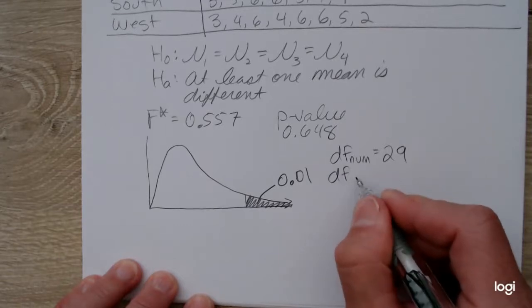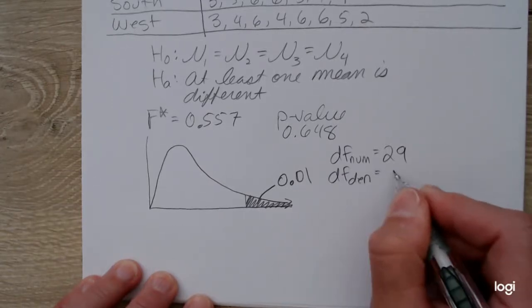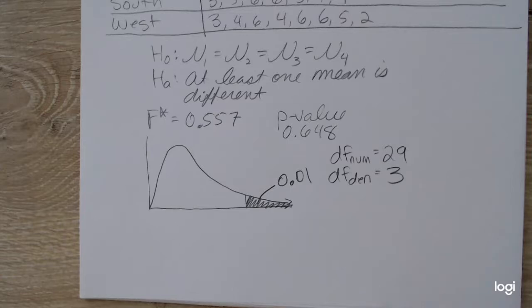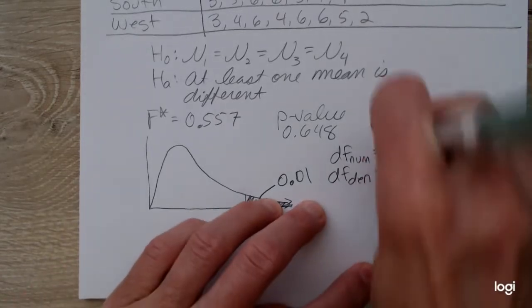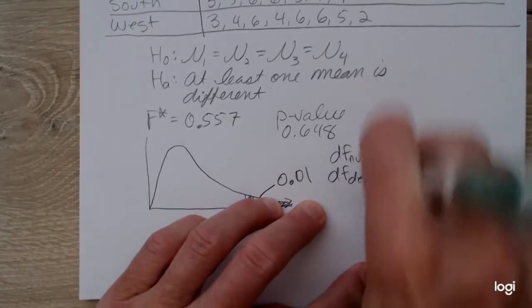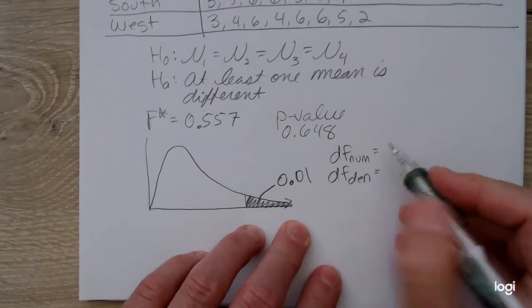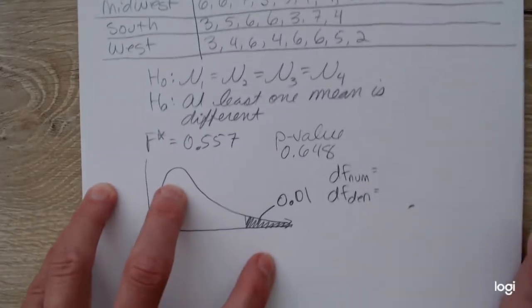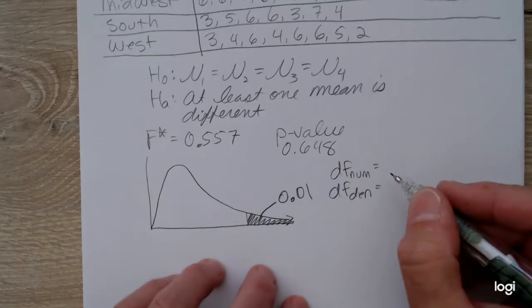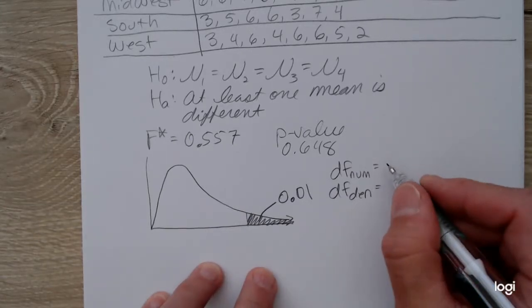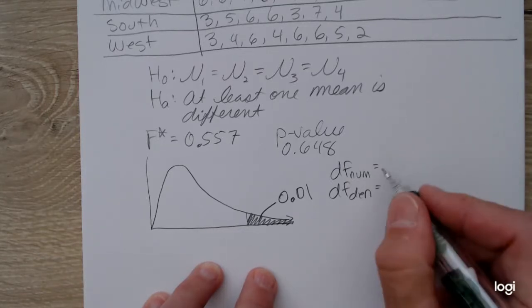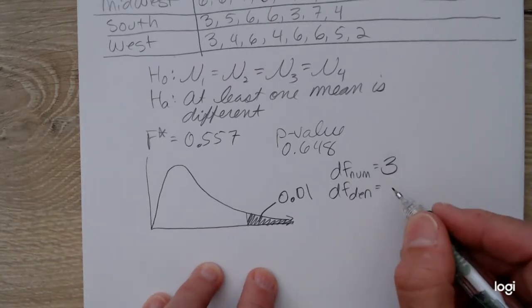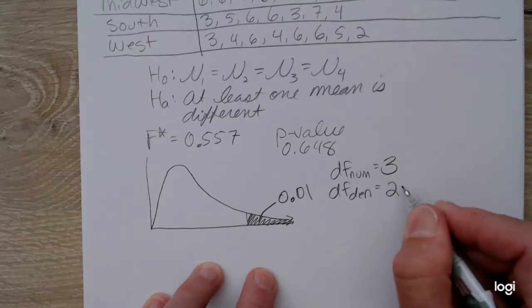My degrees of freedom for the denominator was 3. Oops, I had that switched. My apologies. I'm like, that didn't seem right, because the number of categories is 4, so the numerator refers to the treatment, and that's going to be 4 minus 1 because we have 4 regions, and the denominator degrees of freedom is 29.